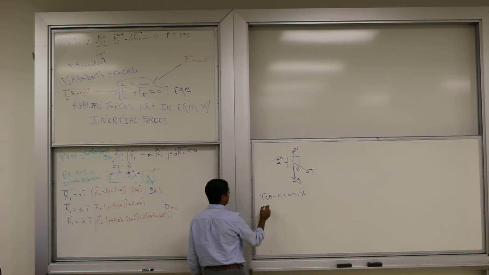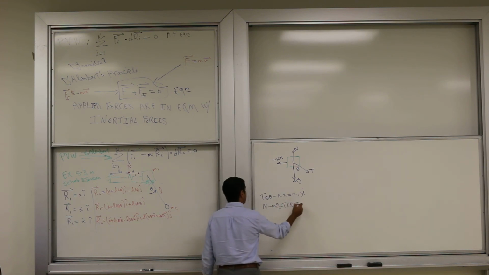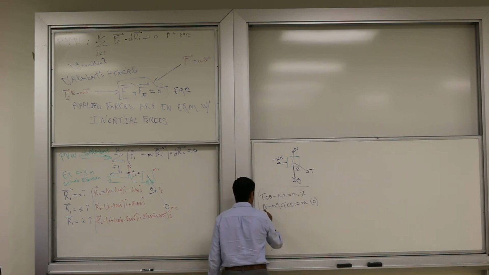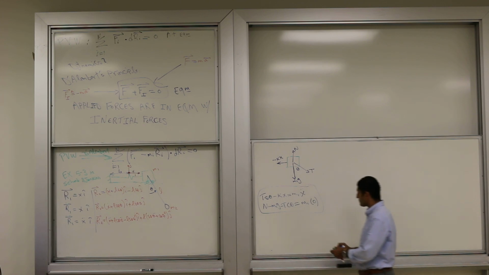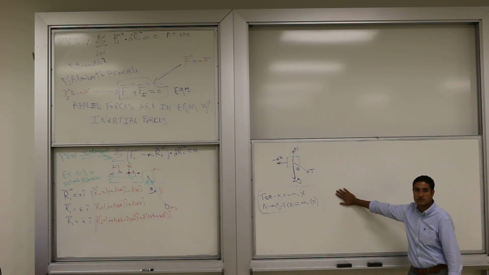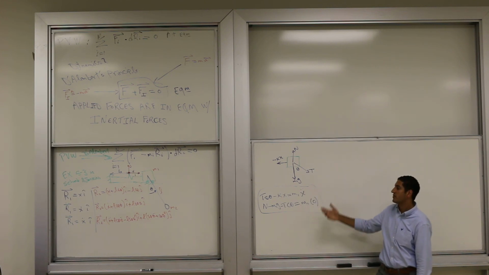The other equation is N minus m1 g minus T cosine theta equals mass times the acceleration in the y, which is simply 0. These are the two equations. How many unknowns here? x double dot and T, 3, and theta, 4. x double dot is unknown. The acceleration is always unknown, right? The second derivative of all your generalized coordinates. You told me in the beginning that we have 2 degrees of freedom.